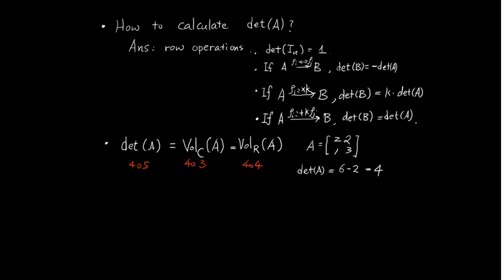Okay, now with this matrix, we are able to draw the picture by rows or by columns. If you draw that by columns, then you get the vector 2, 1, and you get another vector 2, 3.